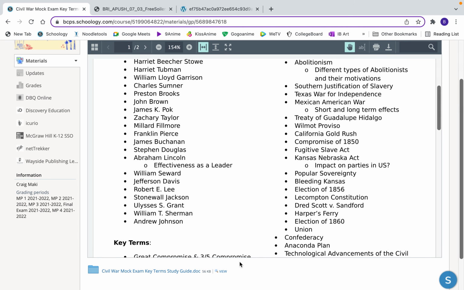Even judges, their pay doubles for any time they say that an African American is a slave versus not a slave. It's $10 instead of $5. So there's all these things stacking up against the North for the Fugitive Slave Act.